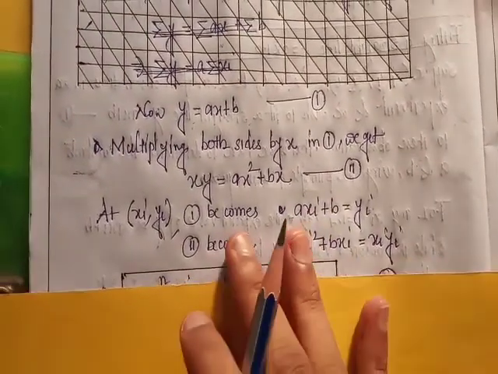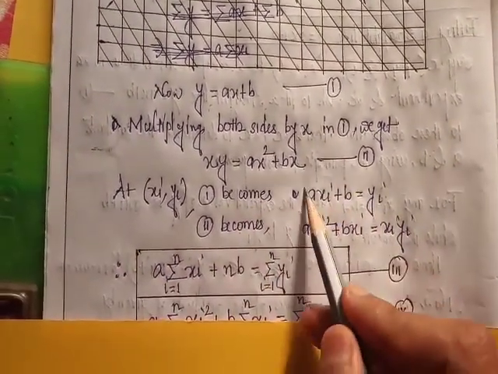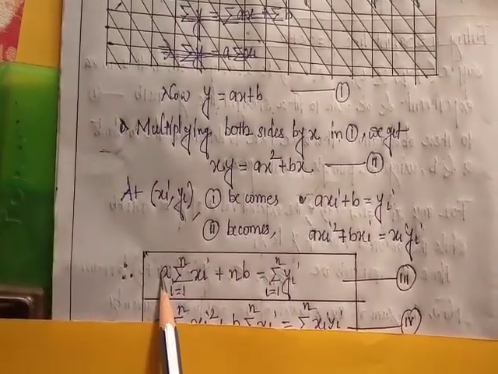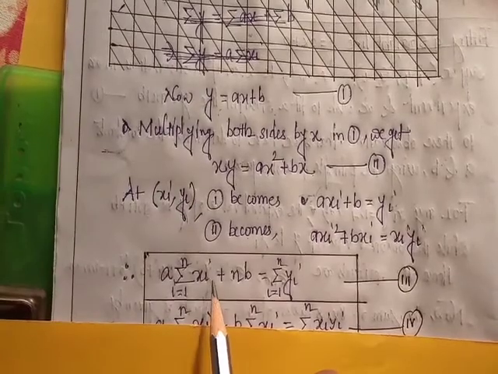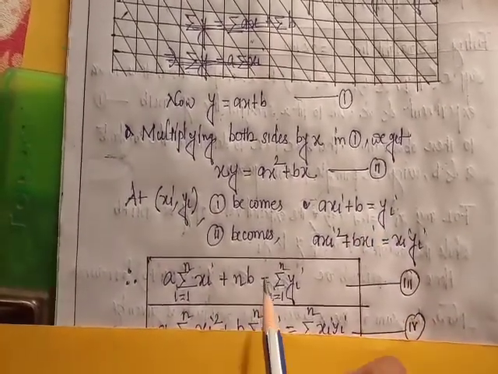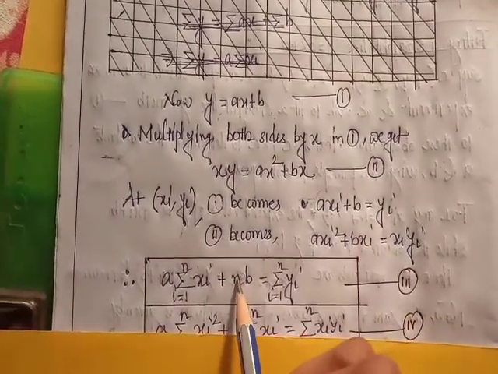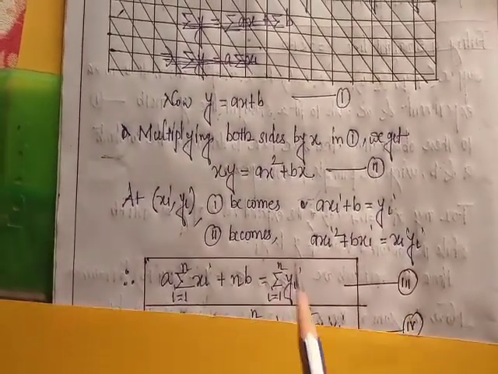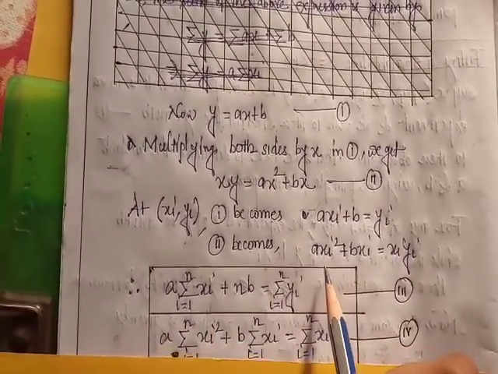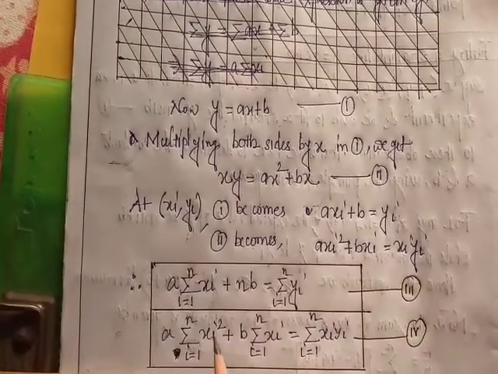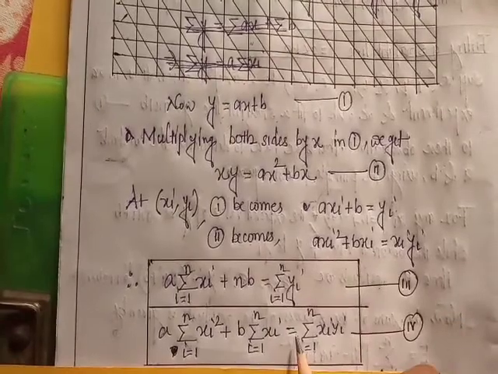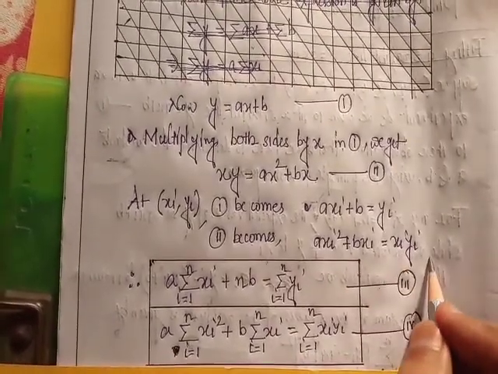If we take summation on both sides, a is constant, so a into summation over i of xi plus summation of b, which is n into b, since b is constant, equals summation over i of yi. The second equation becomes a into summation over i of xi square plus b into summation over i of xi equal to summation over i of xi yi.